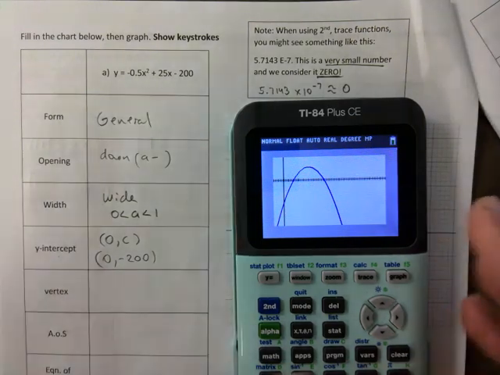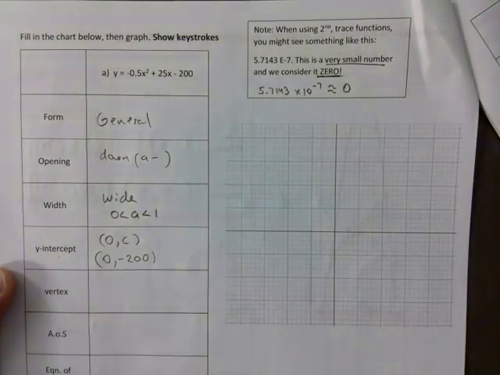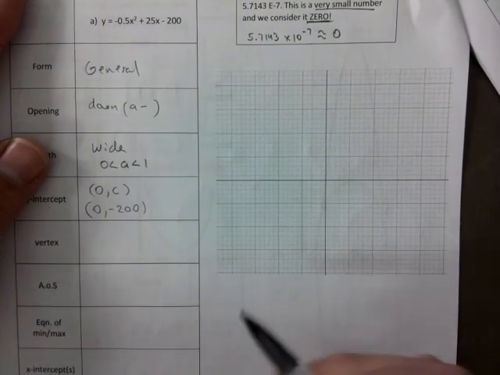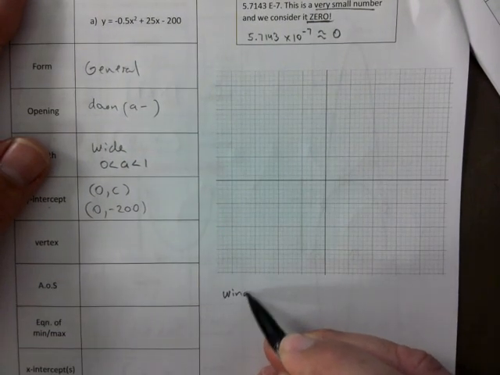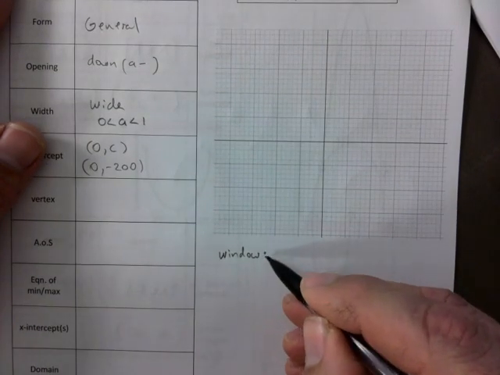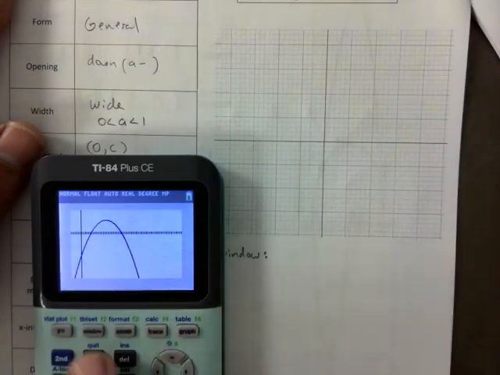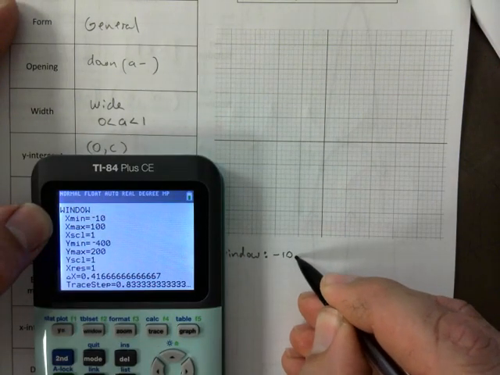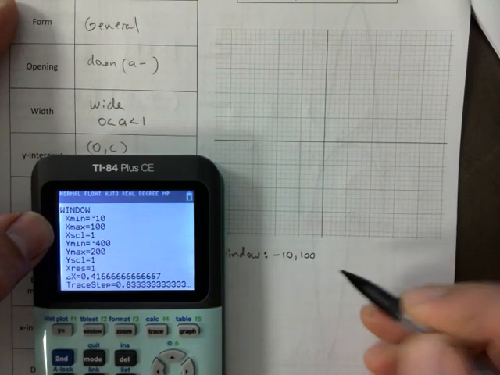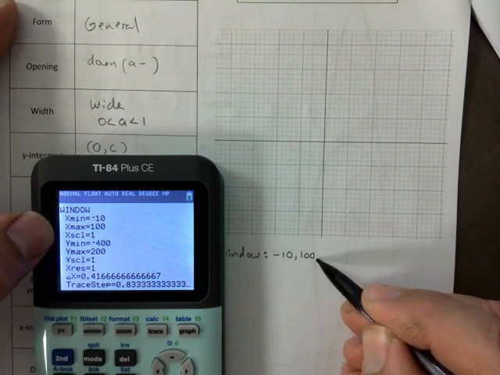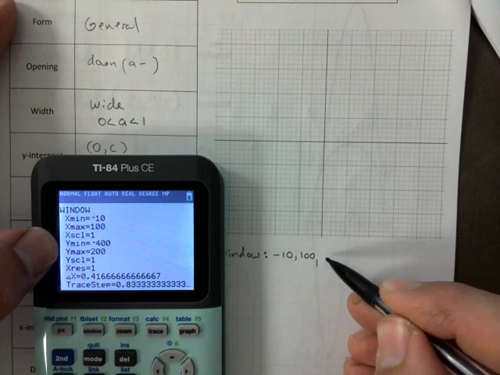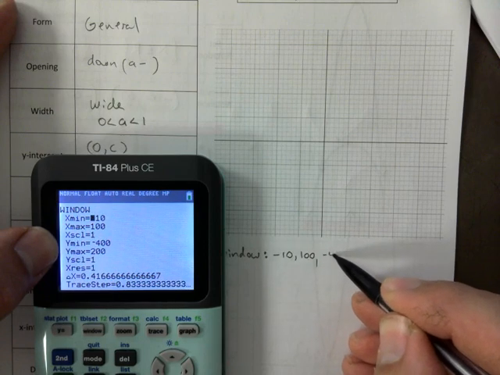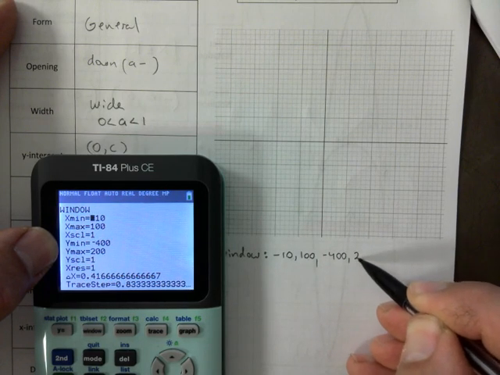Okay? So what I'm going to do here for you, I'm going to go window. Just tell yourself, I don't require this for a test or anything like that, but I'm going to type in what I used for my window. So I used negative 10, 100, so X min, X max, and then I used negative 400, 200.